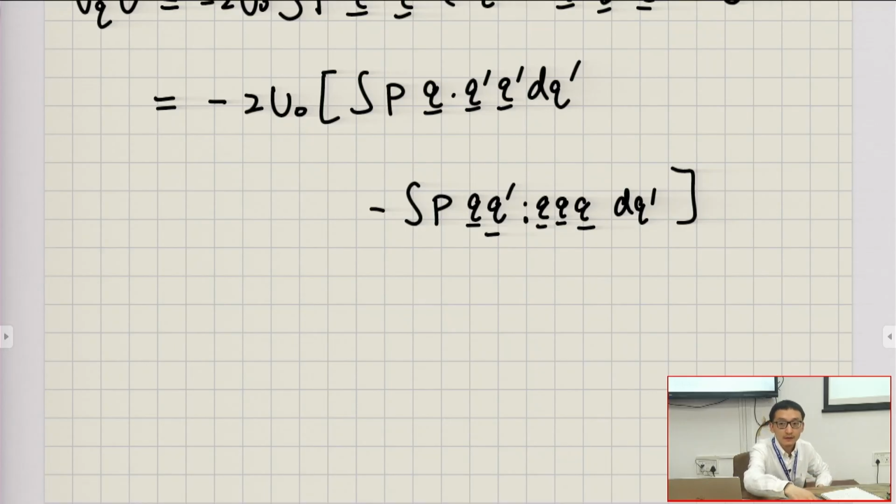Okay. So now let's look at this first integral. What would this one be? If you look at it, Q is not part of the integral. So we're integrating P times 2 Q primes. And what kind of moment is that one? That's a nematic, right? That's a second moment in 2 Qs. That's a nematic order.